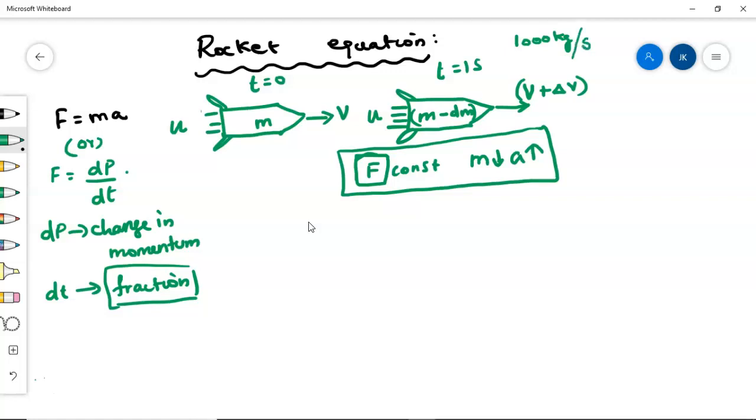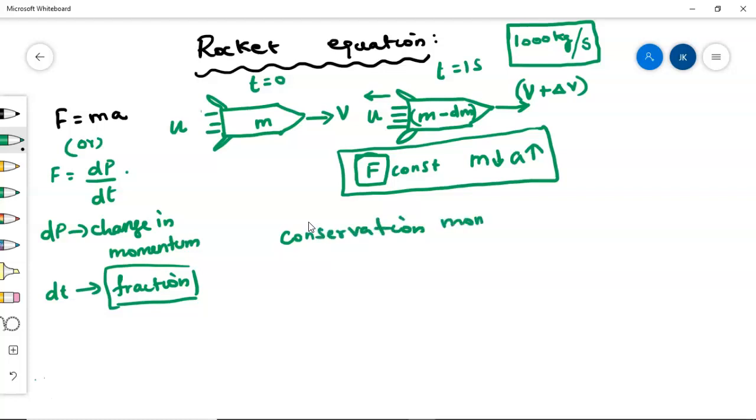This is going to be the same throughout the motion. So here the escaping gas velocity is constant and the direction is opposite. Okay, u. Now here we are going to apply the conservation of momentum.